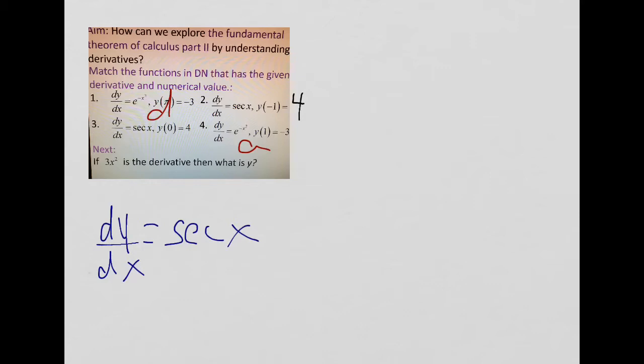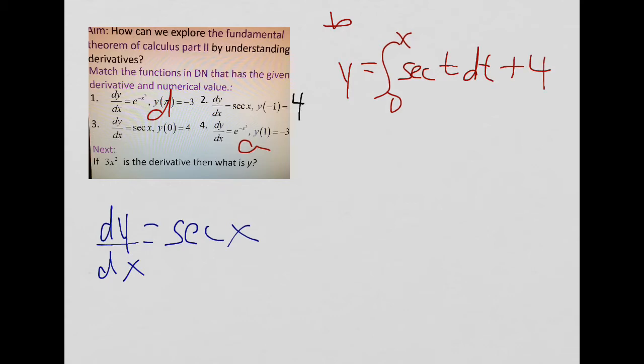So if you look at choice B and C, B looks like this. And if we replace the x with a 0, then this would be 0 plus 4. The answer would be 4. So this refers to number 3. So 3 is B.